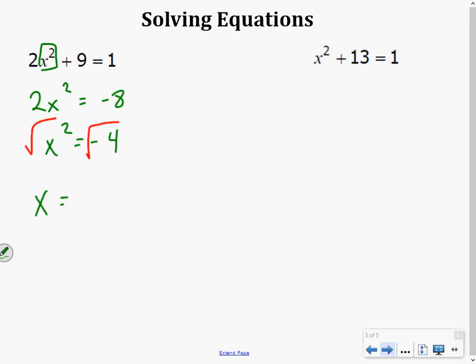But now we know that we can just use imaginary numbers to help us out. Okay? So really, this is splitting into the square root of -1 times the square root of 4. I know the square root of -1 is i. I know the square root of 4 is 2. So our solution is plus or minus 2i.